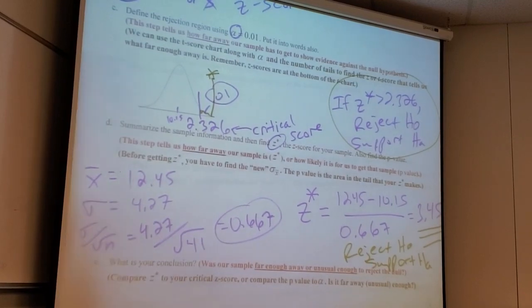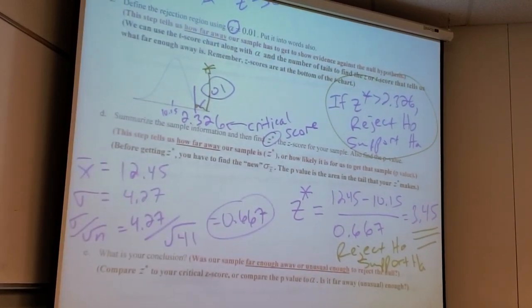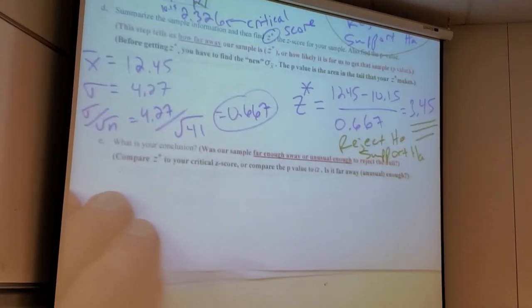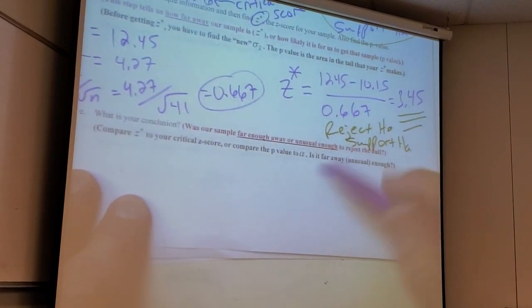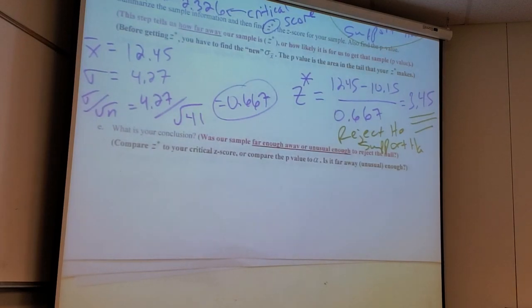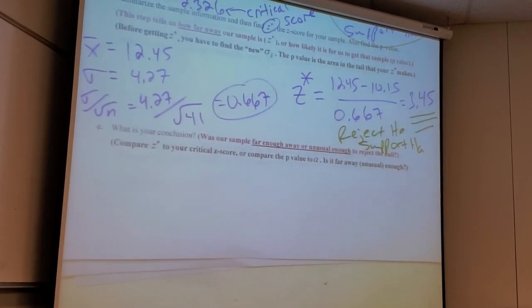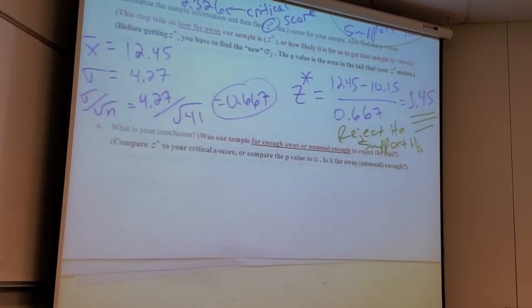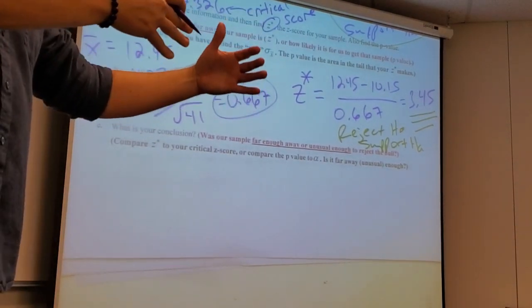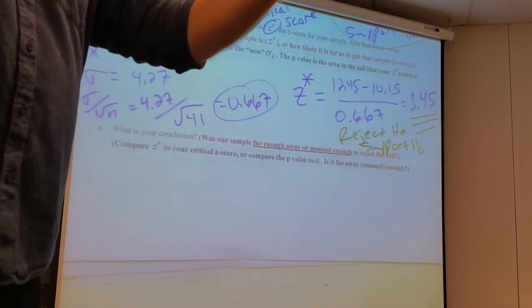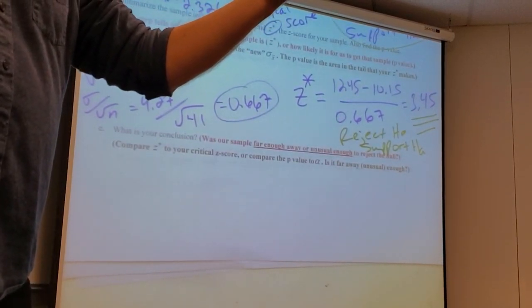So here's how the conclusion works, and then I'm going to let us out because this is a long day with this business. What is your conclusion? The way this works, if I was a statistical consultant, somebody would come to me with a claim and I would test their claim. When I come back to them, don't they want to hear if their claim is good or not?